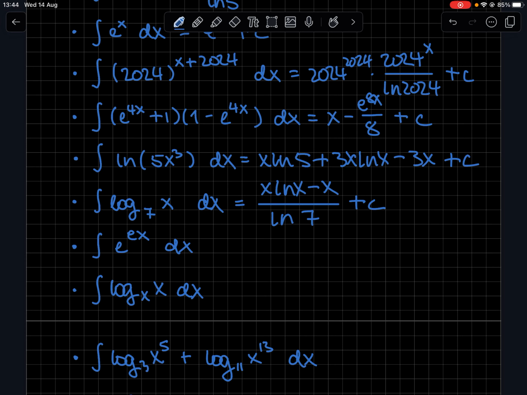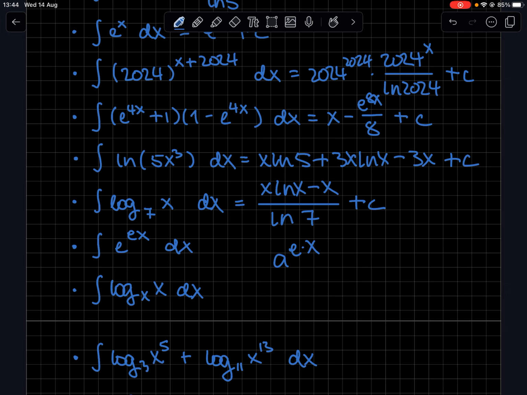We have another function of the form a to the power of x. You might say it's a to the power of e times x, but not really.